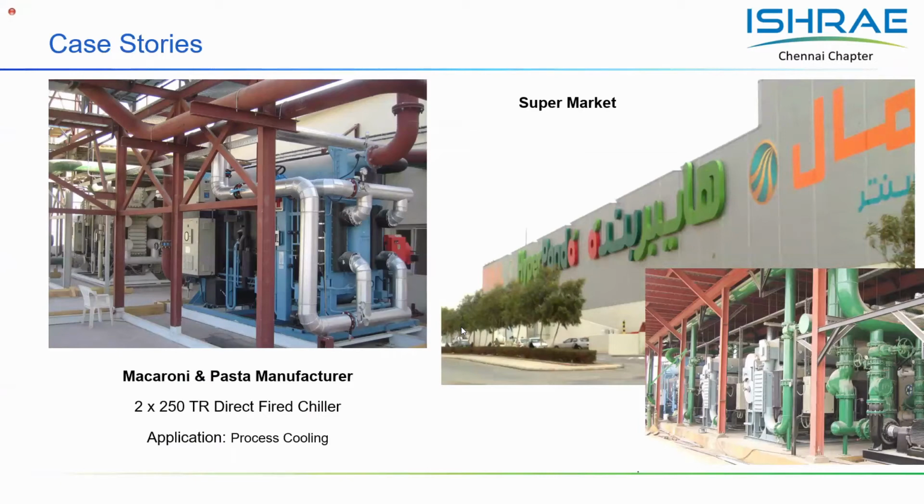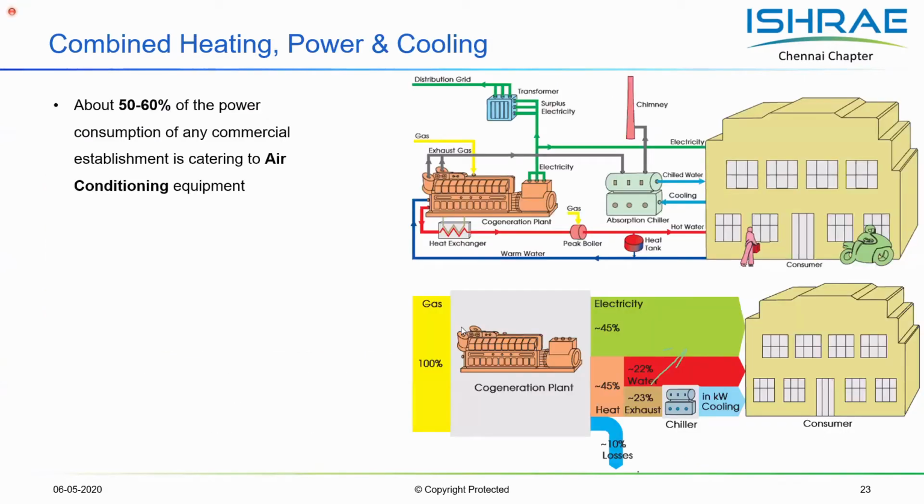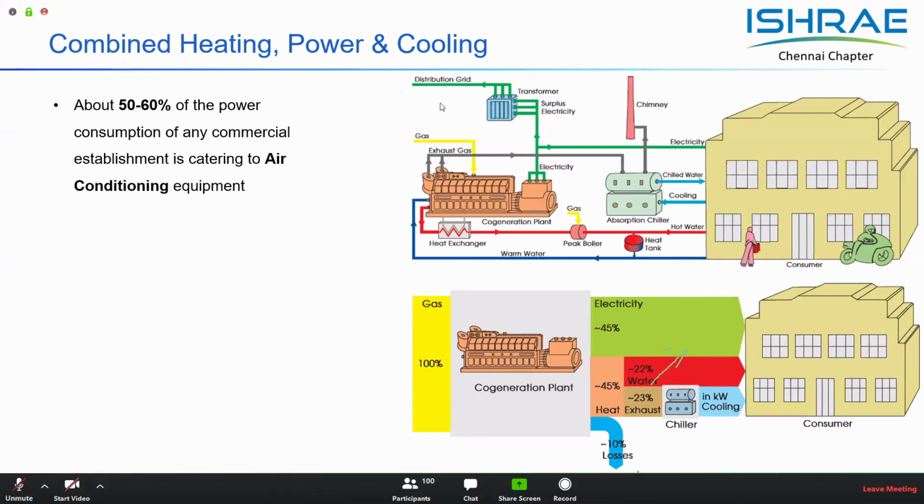Okay, so what is CCHP? It is nothing but a way of efficiently meeting cooling, heating, and power demands by using natural gas as the driving source. Most probably natural gas, because that is a clean form of fossil fuel, at least the cleaner form.